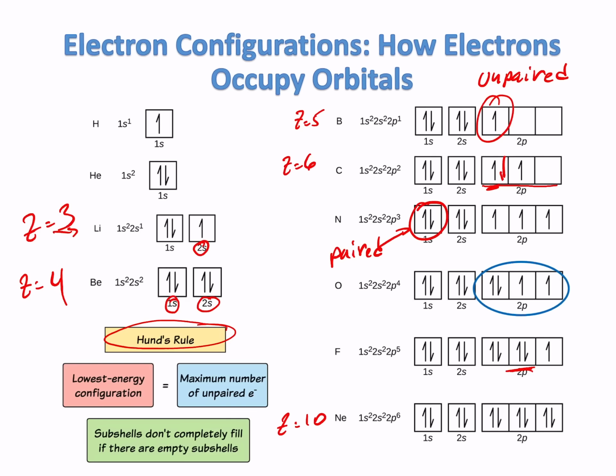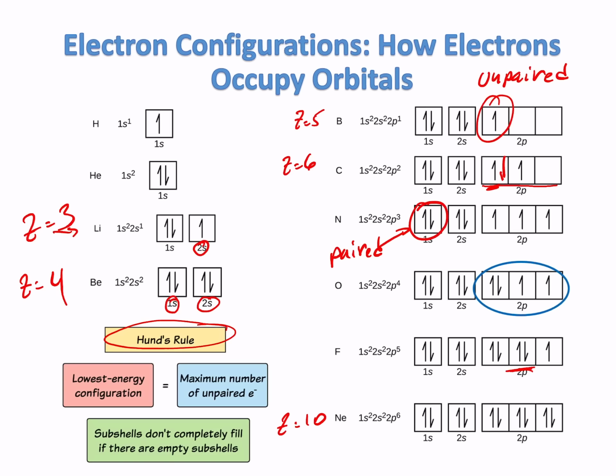Okay? You will not fill an orbital, and remember, this has to do with the same type of orbital. So you have 3 p orbitals. You cannot completely fill one of those p orbitals if you still have unoccupied p orbitals. That goes for the d orbitals as well. You have 5 different d orbitals.